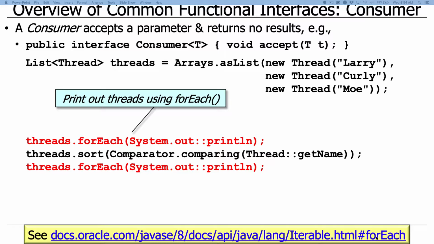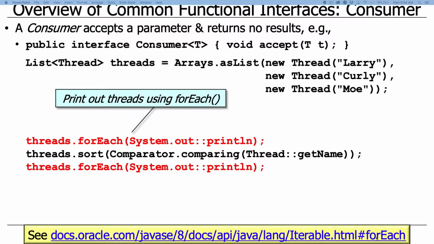So again, let me just make sure I understand the question. Remember, functional interfaces only have a single abstract method in them. So there would be no overloading. So that issue would never occur. Does that answer your question? OK, good. So that's the thing to remember, that functional interfaces work because they have a single abstract method. And I'll give you a little caveat to that in a second. But effectively, think of them as having a single abstract method. And that way, I think your real question is, wouldn't there be ambiguity if there were multiple methods?